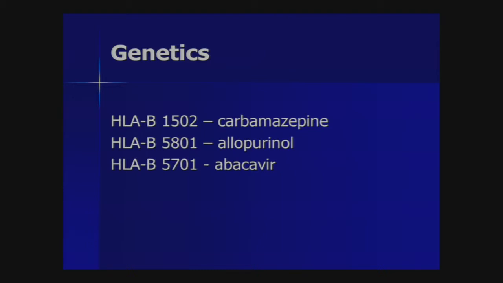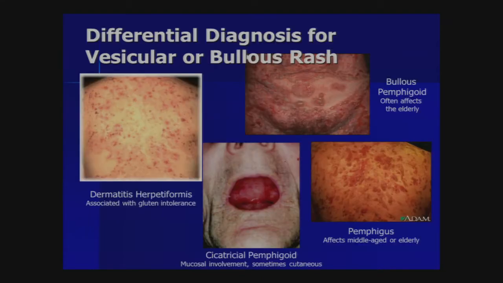So some places and regions are testing it to see if you can even get the medicine. So there's a lot of genetics involved, and so that's why the different areas are more common with different medications. So you just want to remember, you see this person with Stevens-Johnson syndrome, you just have to think about the other things causing vesicular bullous rashes, and so just keep the other ones in your differential as well.